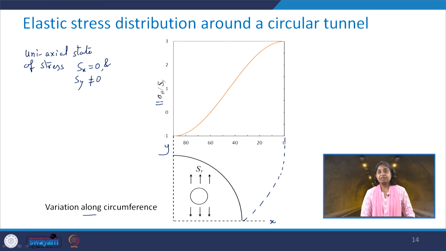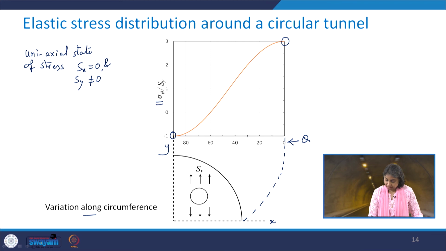So, what did we get in the case of the uniaxial state of stress at theta equal to 0? It was 3. That is what you are getting here. These are the values of basically sigma theta. Similarly, when theta is equal to 90, you are getting minus 1.